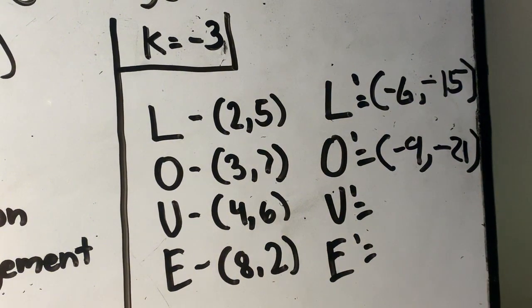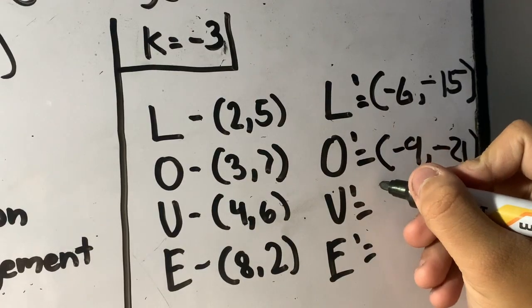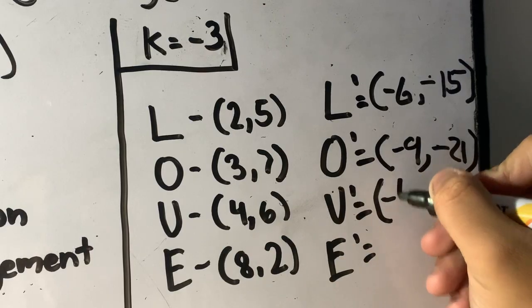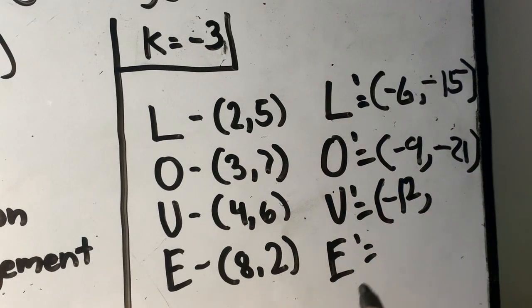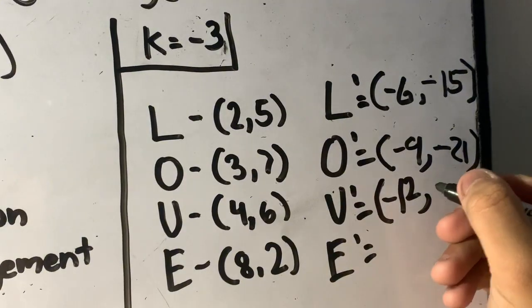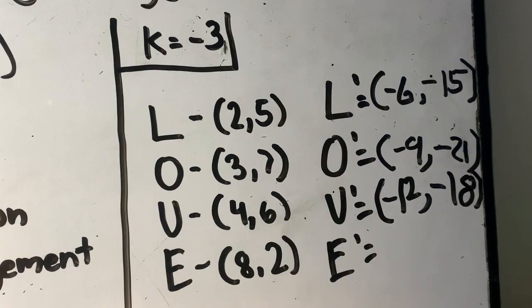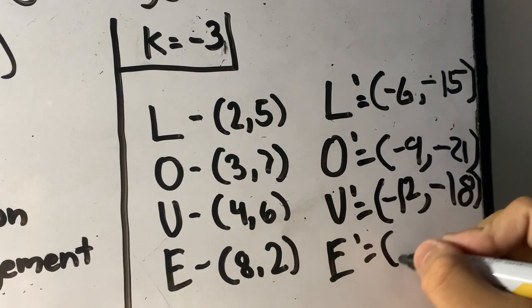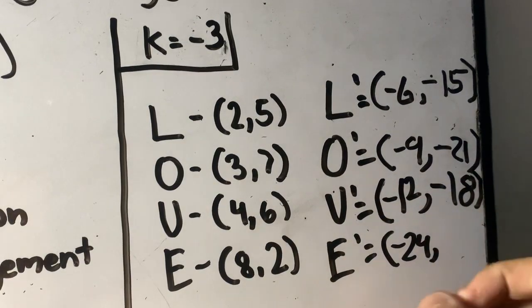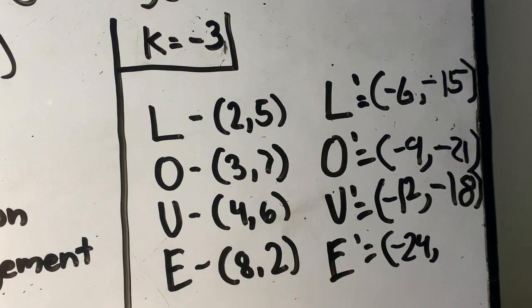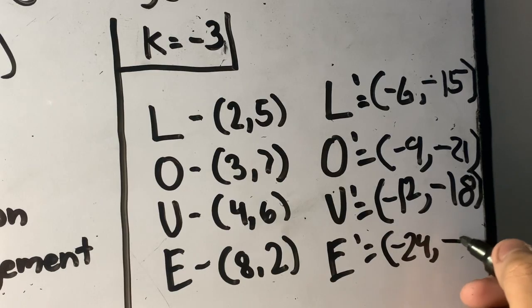V is 4 and 6. So 4 times -3, V prime is -12, and 6 times -3 is -18. And last, E is equal to 8 and 2. So E prime is 8 times -3, -24, and 2 times -3 is -6.